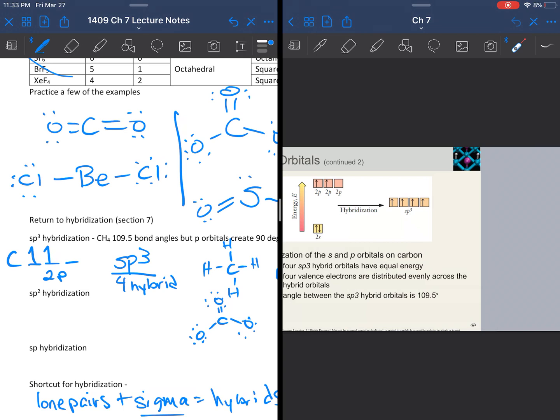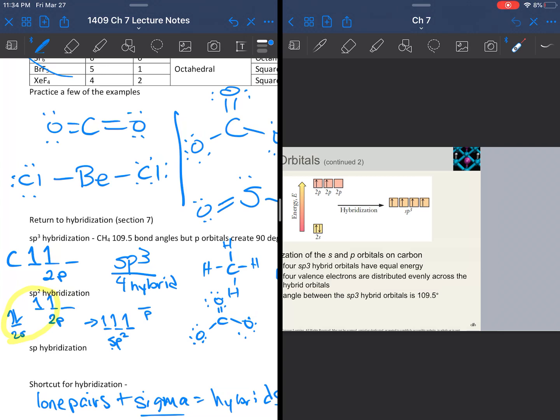So what we're going to see for sp2, let's draw this over here, is we have our full 2s, we have our half full 2p, and we're going to take 2 of the p orbitals this time. And we're going to mix those together, and we're going to get 3 sp2 orbitals because they were made from 1 s and 2 p's. That's going to leave 1 of the p orbitals unchanged.